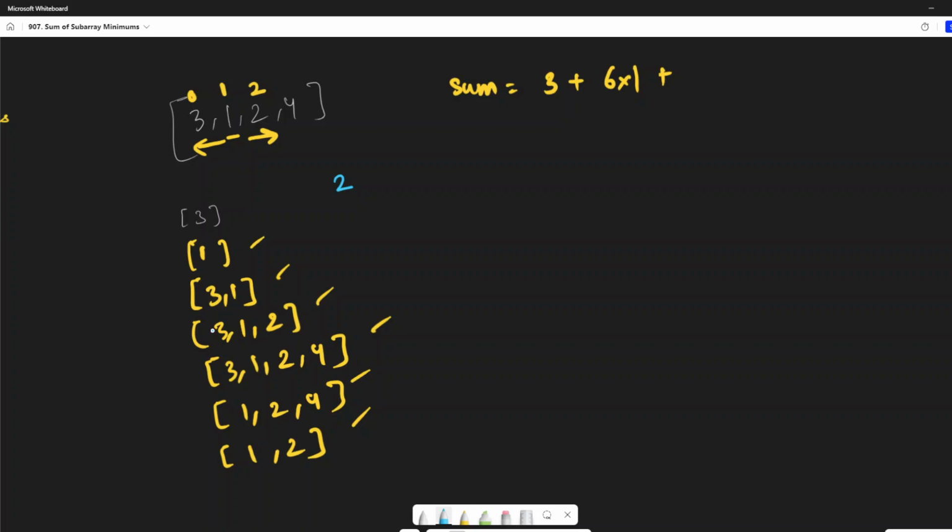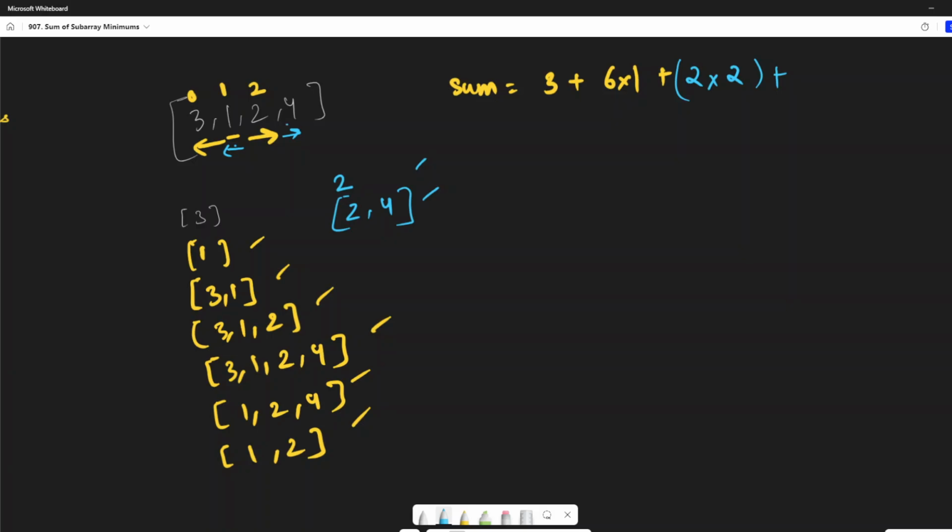So that's why we won't be going towards the left, because here we got this 1. Now we will be going towards the right. So we got 2 comma 4. In both of these, 2 is the smallest element, and that's why we will be going ahead with 2 multiplied by 2, as the element is occurring 2 times. That is the thing which we will be adding to our sum.